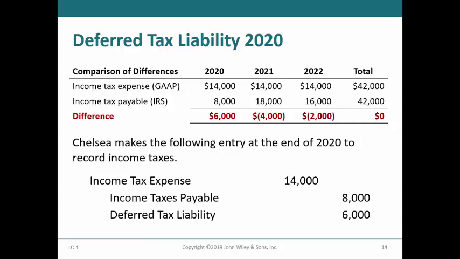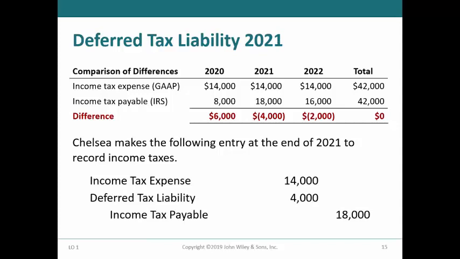The amount will reverse over the next 2 years as the accounts receivable is collected and the amounts are reported on the tax return. For the second year, 2021, we begin to see the income reported on the tax return and the deferred tax liability is reversed. To record the entry for this year, we will debit income tax expense again for $14,000 and debit deferred tax liability for $4,000 and credit income tax payable per the tax return for $18,000.